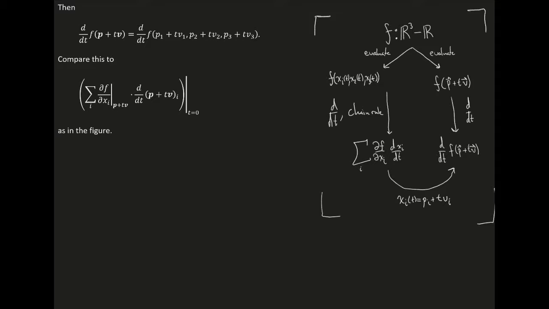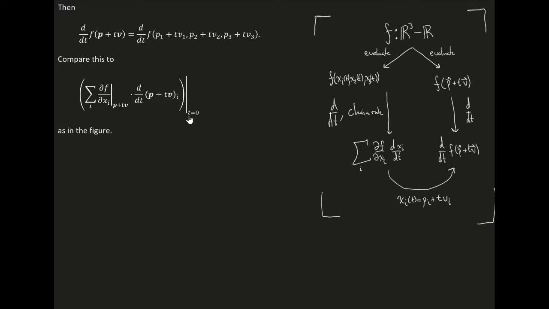We compare this to the following sum, which resembles the chain rule. We have partial derivatives of f, followed by derivatives of the points at which f is being evaluated, and then we'll take this sum and evaluate it at t equals 0.